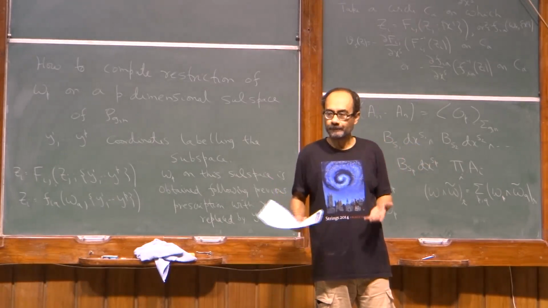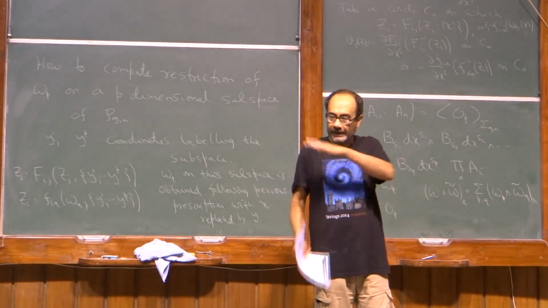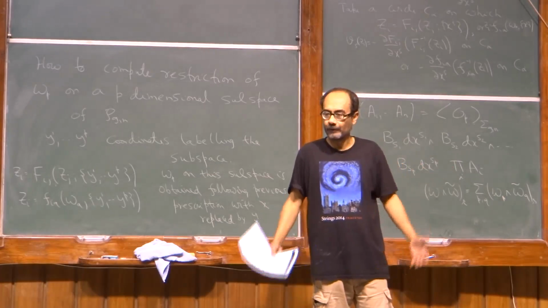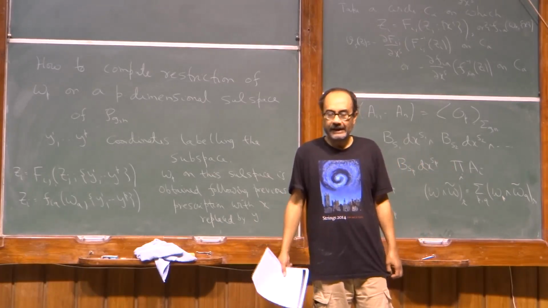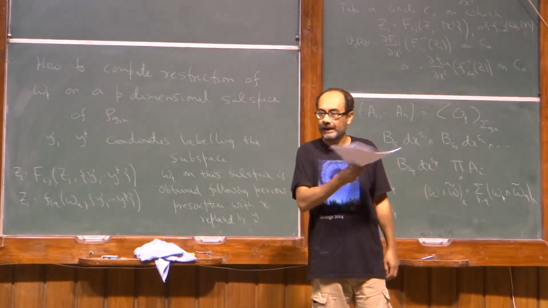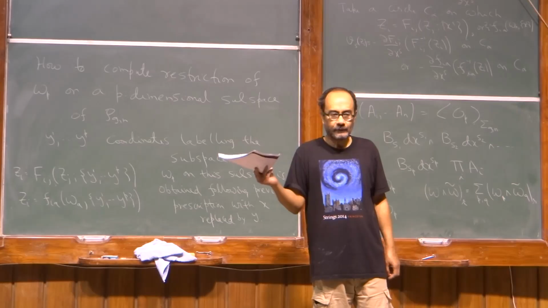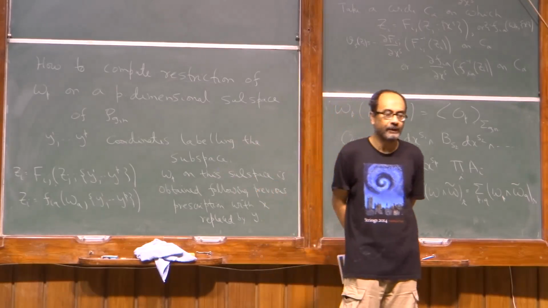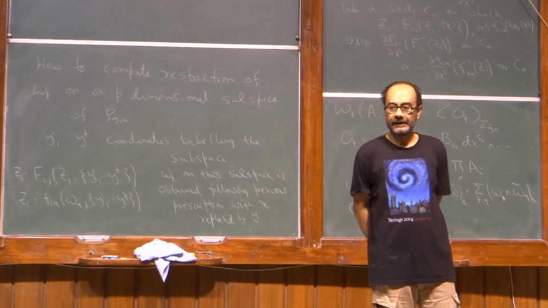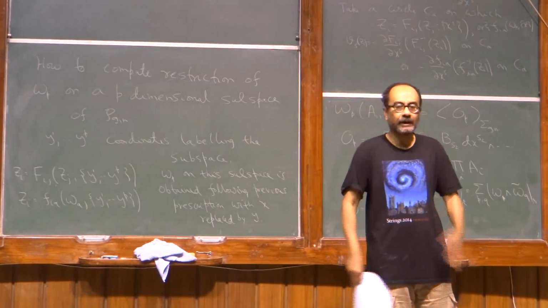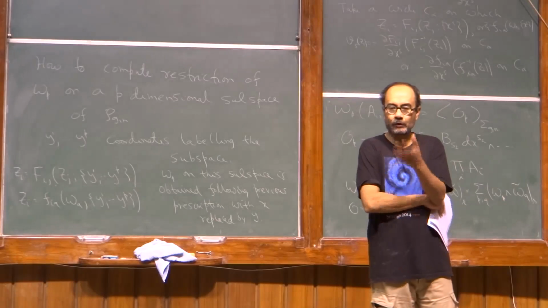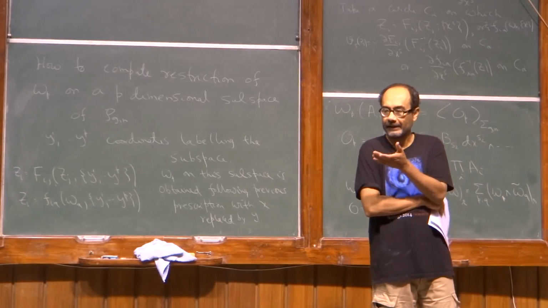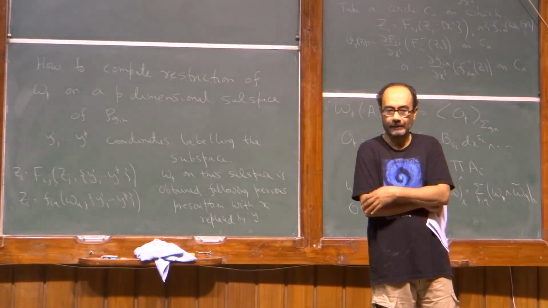Take a 2 form on a one dimensional subspace. Its restriction is 0. A 0 form and a 1 form can be defined on a one dimensional subspace, but a 2 form cannot, so you just declare it to be 0, because if it's dx1 or dx2, the dx2 leg is not available. There is only a one dimensional subspace.